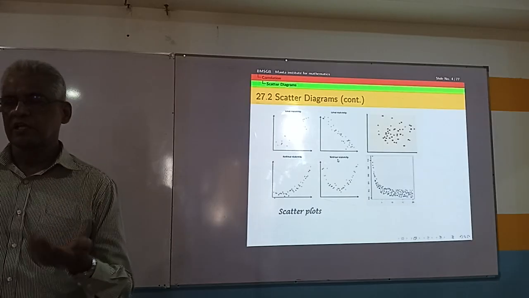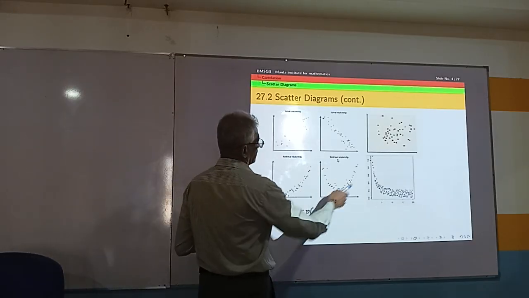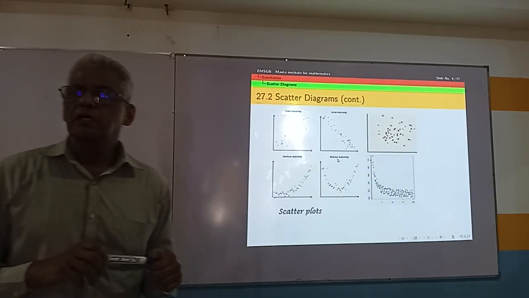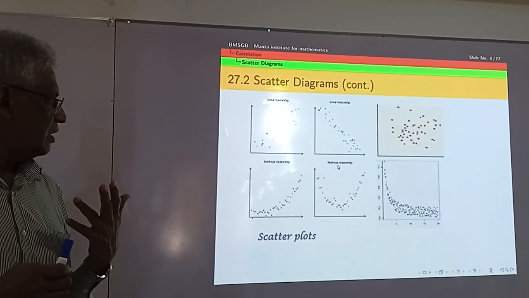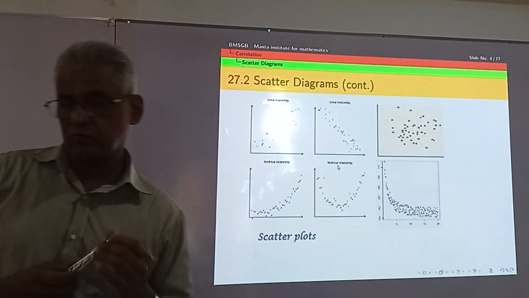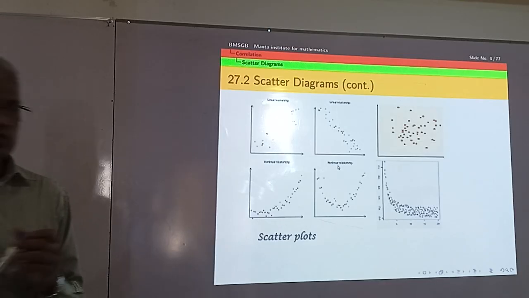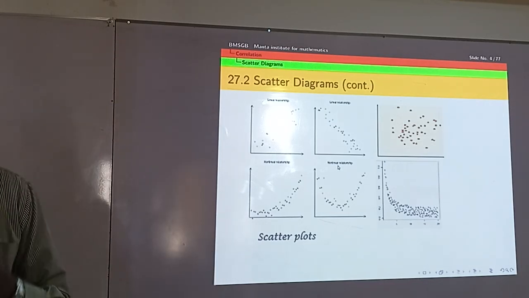If you say that, it is wrong actually. There is a relationship here, a very strong and mathematical relationship. But the reason the correlation will be close to zero is that there is no linear relationship, right? So looking at the graph is important.